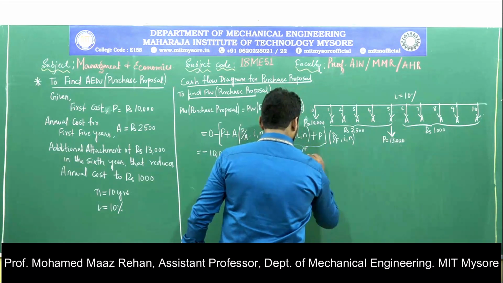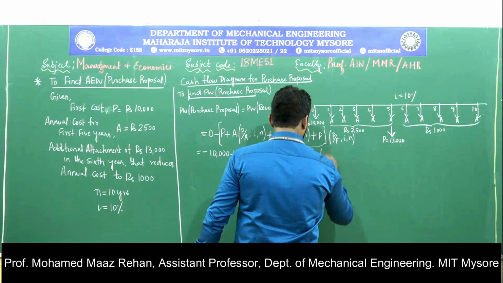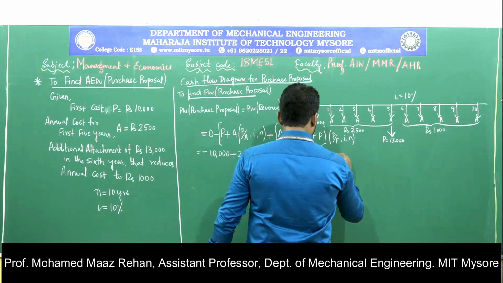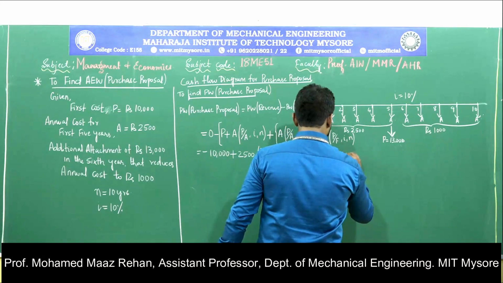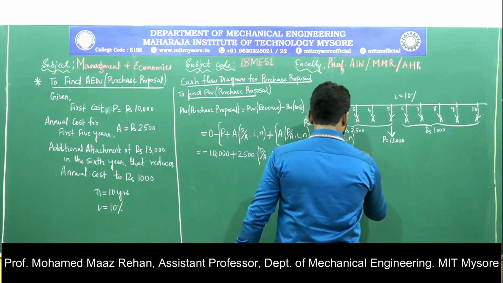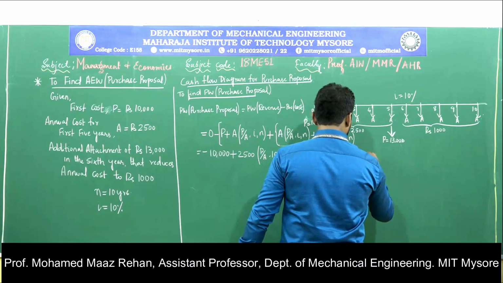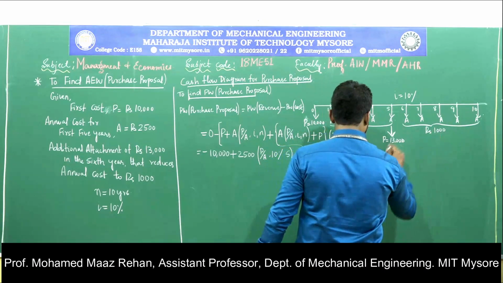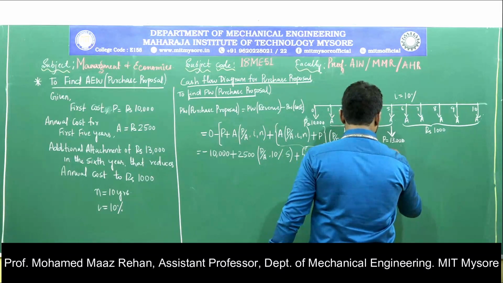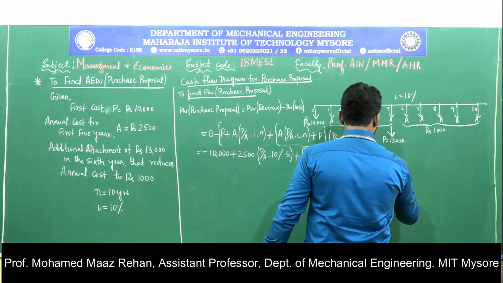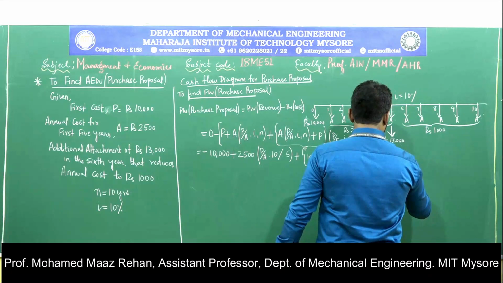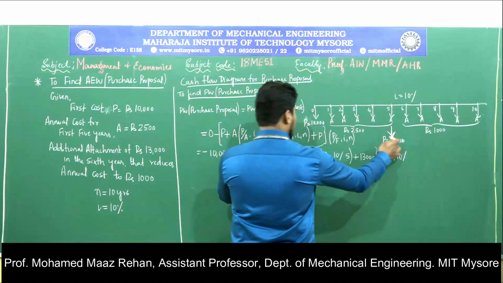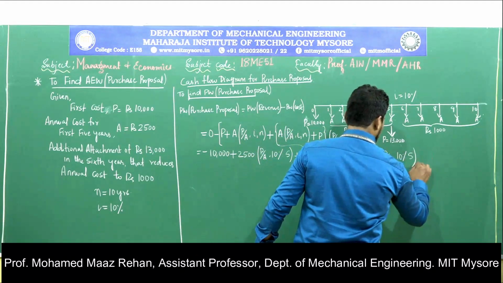A is now 1,000, to find P when A is known, I is 10%, N is 5, plus this one 13,000. This entire thing you need to convert to P, that is P bar F, 10%, N is 5.